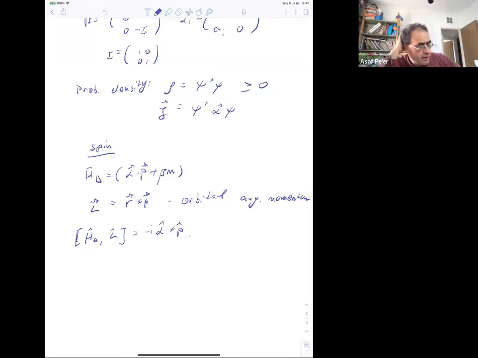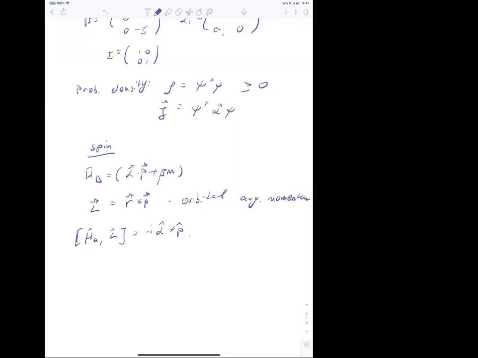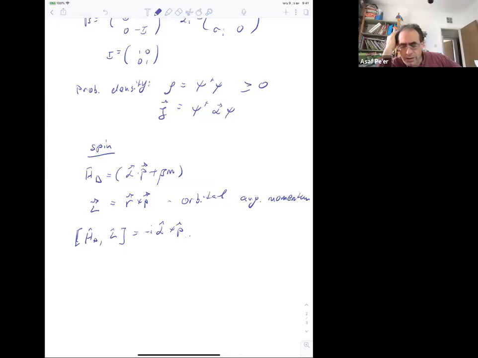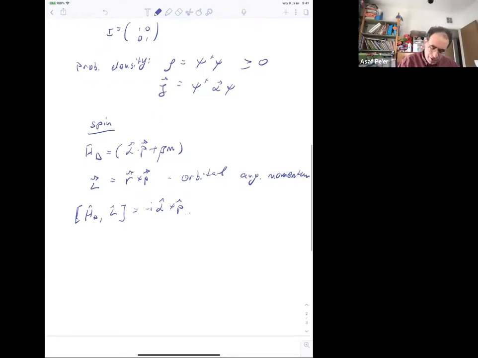But deeper thinking says that, in fact, it doesn't have to be conserved, because the quantity that is conserved is the total angular momentum J, which is the orbital angular momentum plus the internal angular momentum, which we call spin. I'm going to show you right now that once we properly define the internal angular momentum, the spin, then indeed the total angular momentum is conserved.